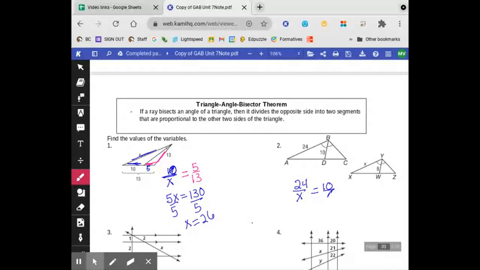We cross multiply. That's 192 equals 10x. Divide by 10. X equals 19.2. And those angles are equal.